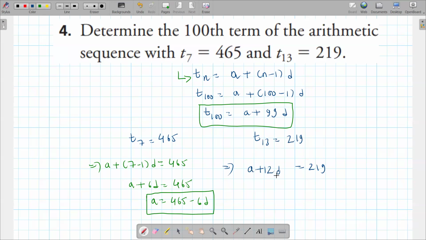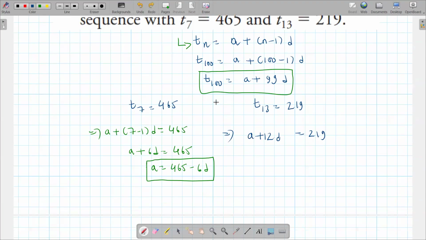Now you have a system of linear equations here, so you could use elimination or you could use substitution. Both work. I prefer elimination. They will look like this: A plus 6D is equal to 465, and then you have another equation.